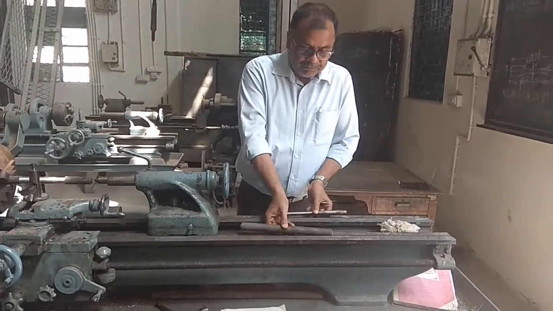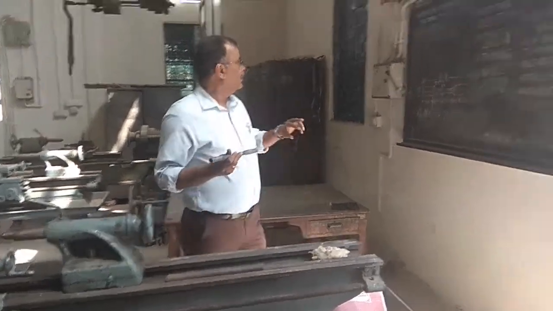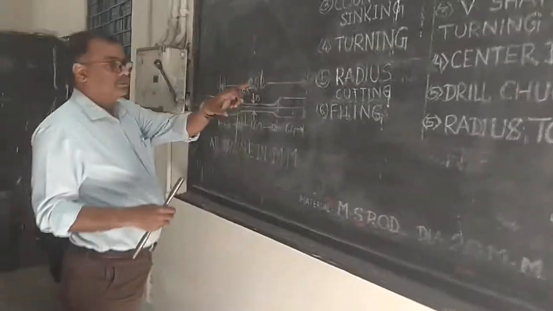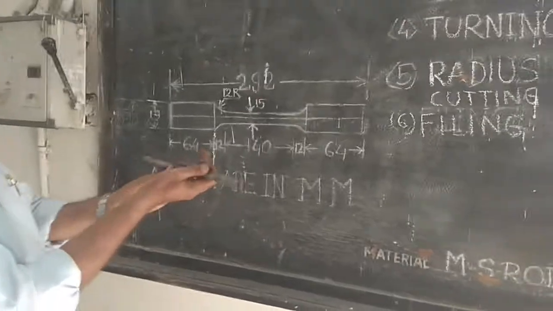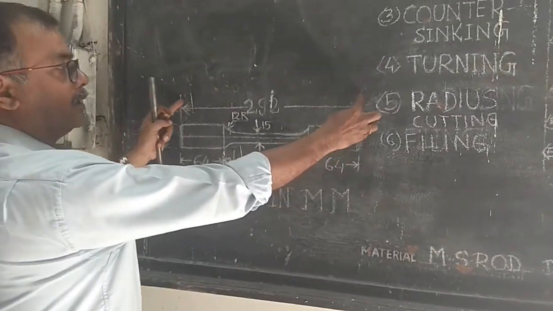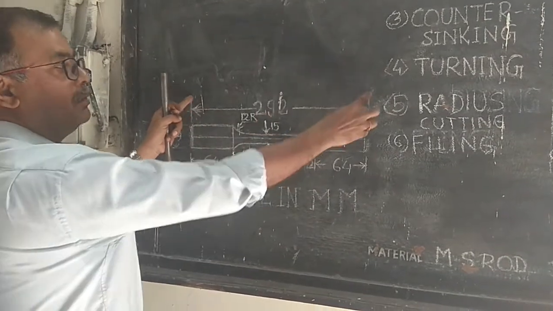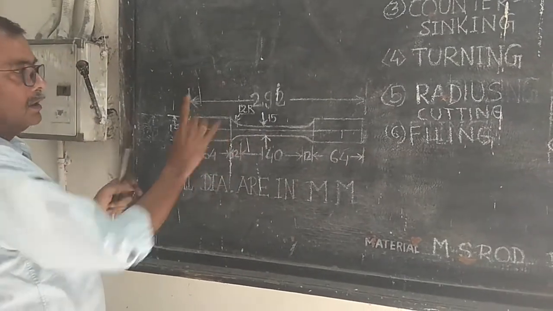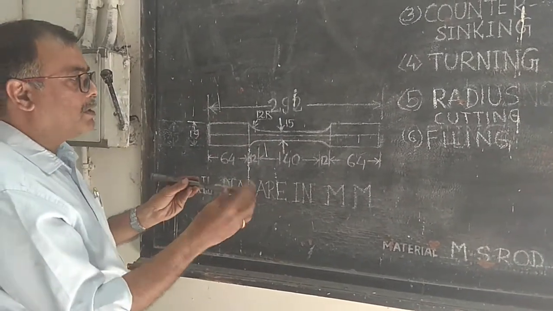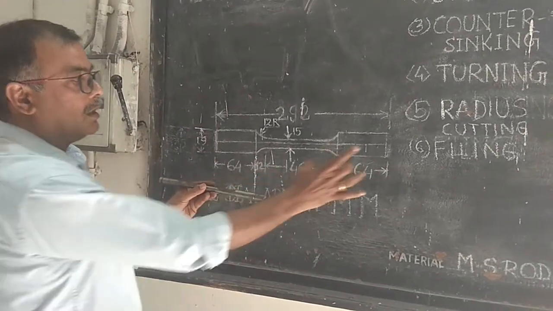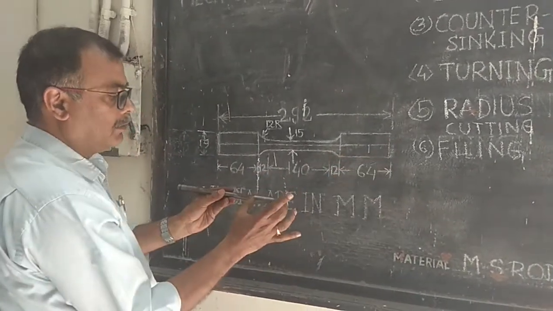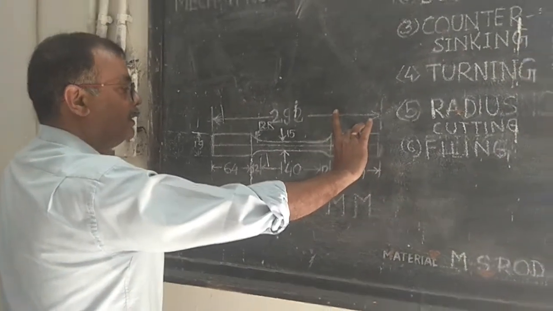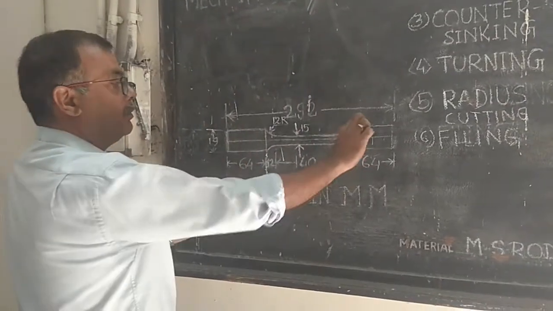So this is the final job. The total length of the job has to be 292 millimeter. On both ends, the diameter has to be 19 mm up to a length of 64 mm. So 64 mm on both sides, the diameter has to be 19 mm.